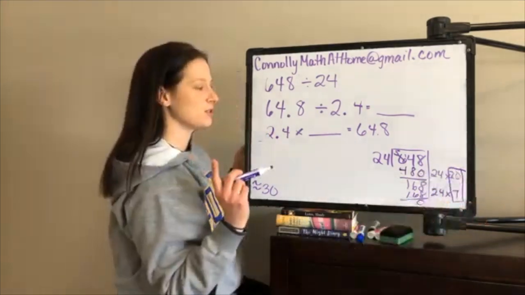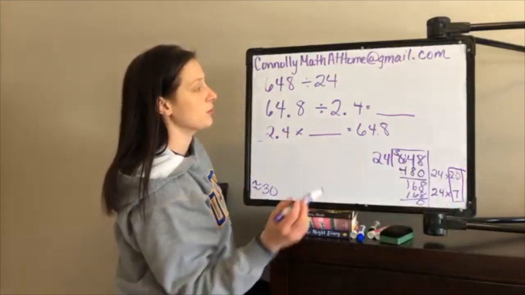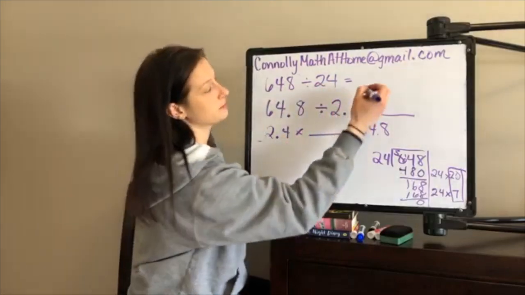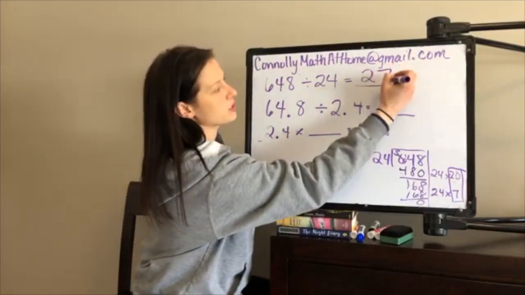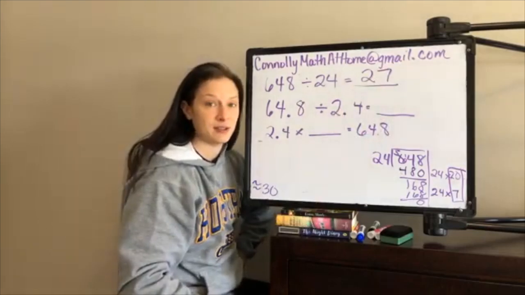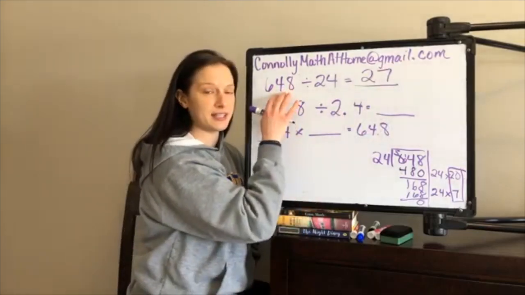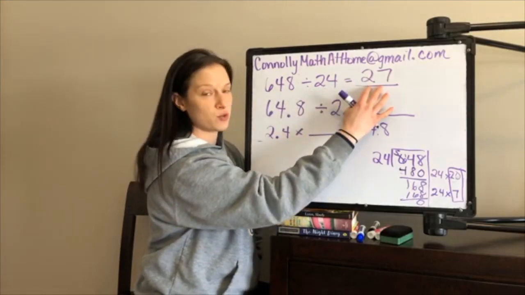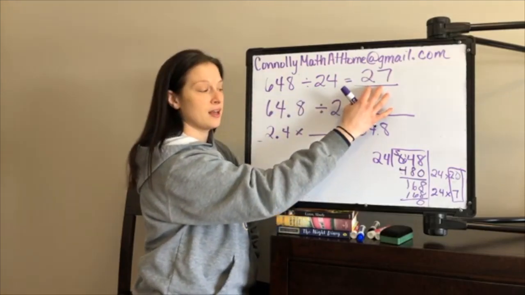Again, there are videos about whole number division. So when I'm doing 648 divided by 24, my quotient is 27. If I was biking 648 miles over 24 days, I would have to bike 27 miles each day.